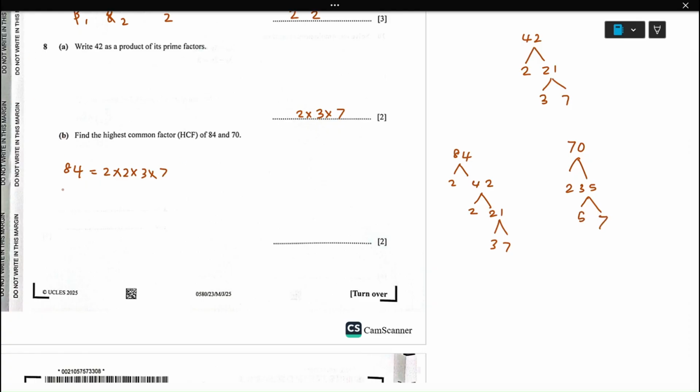So 70 equals 2 times 5 times 7. For the HCF we take only the common ones. So 2 is common here. Next, 7 is common. That's it, 2 times 7. The answer is going to be 14. 14 is the HCF.